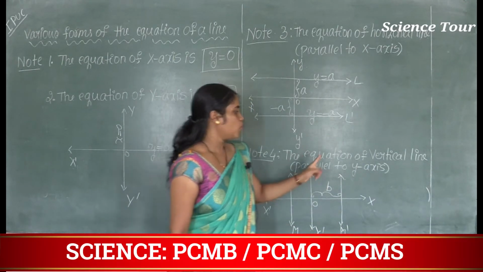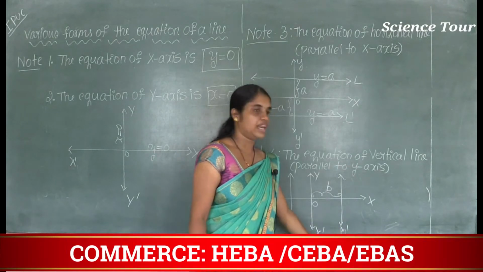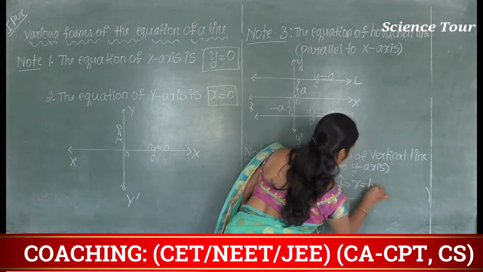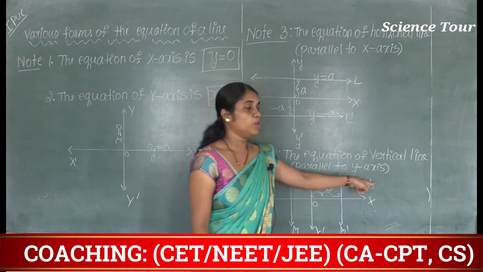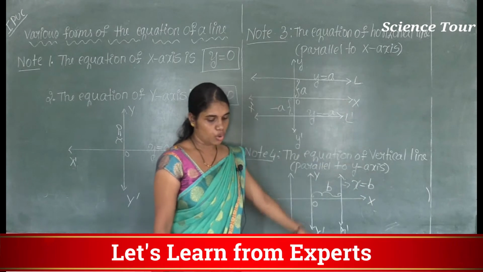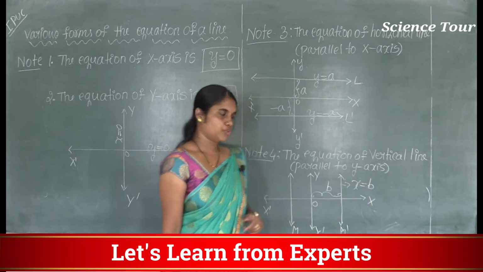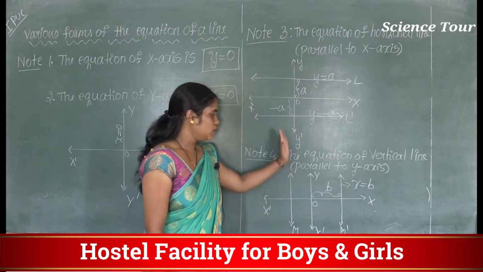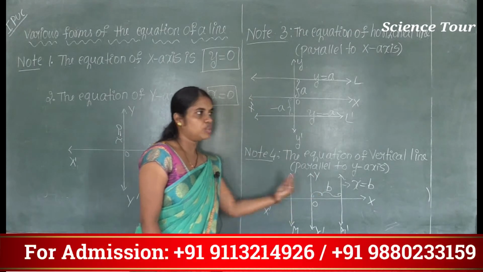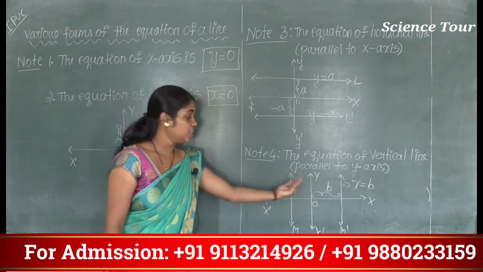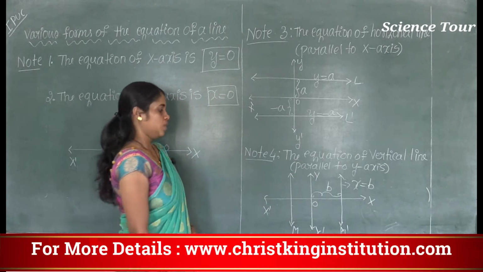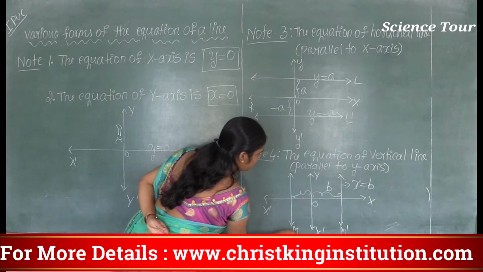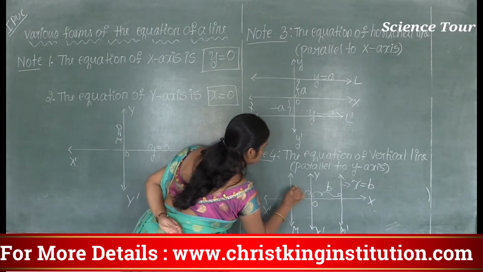So now tell me what is the equation of this line M dash? That is nothing but x is equal to b. x is equal to b is the equation of this line M dash. By the same way, another line I have considered, M. You can observe here the line M is on the negative x axis, isn't it? Suppose the distance of this line M from the y axis, I will consider it as minus c.